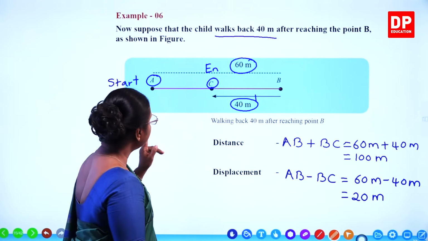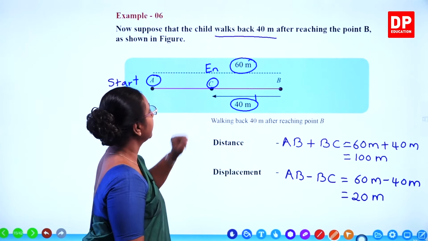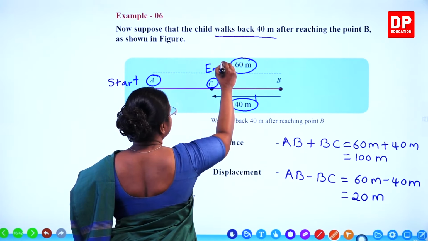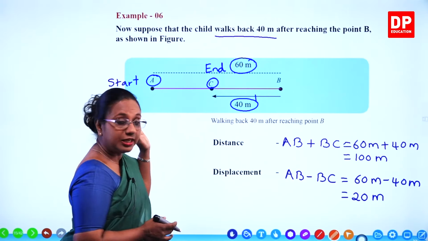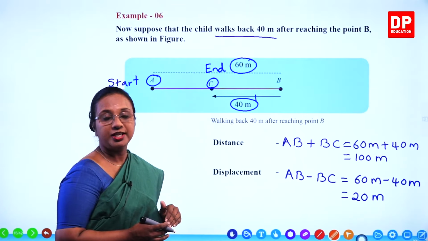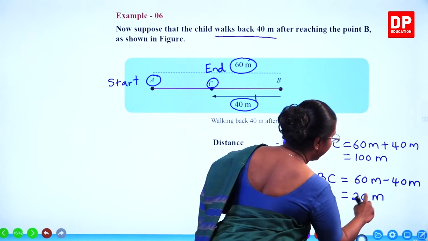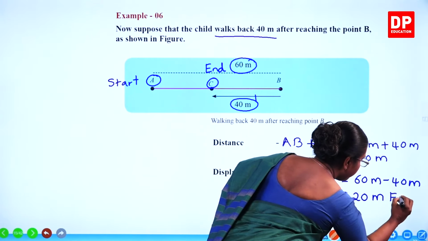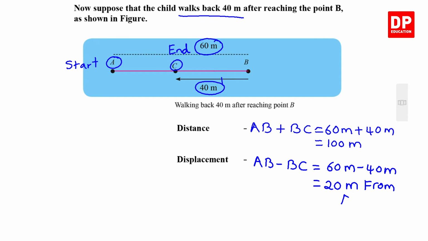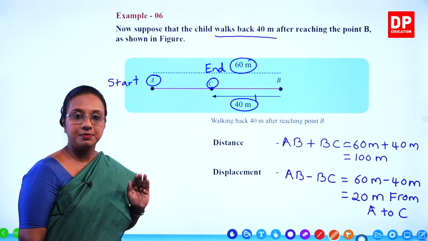But here again, the initial position is A and the final position is C. So the initial position was point A, the final position is point C. Therefore, we say displacement is 20 meters from A to C. So you will only consider the initial and the final positions.